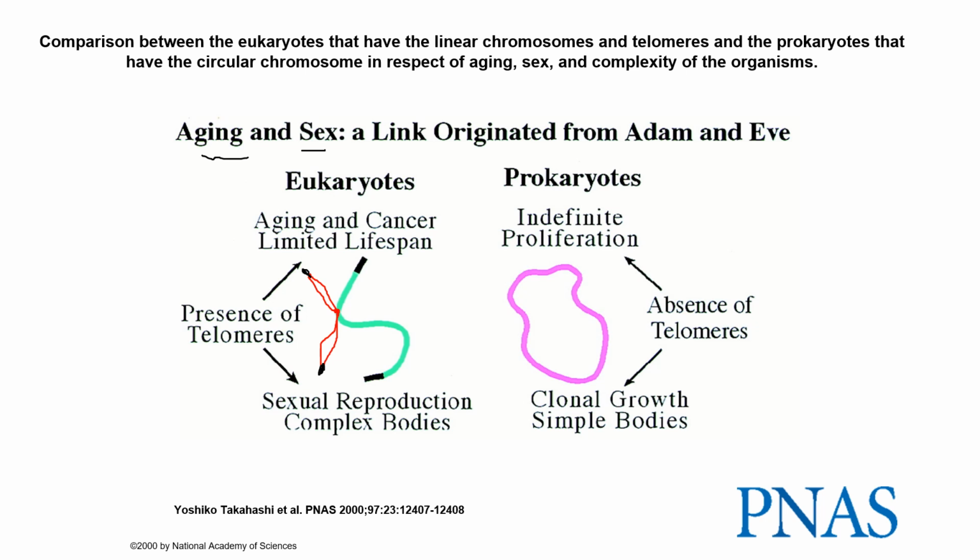In that way, the chromosomes are much smaller and packed with DNA. They are circular, so here you don't need a centromere, and here you don't need a telomere. So definitely the question is, do they have indefinite proliferation?